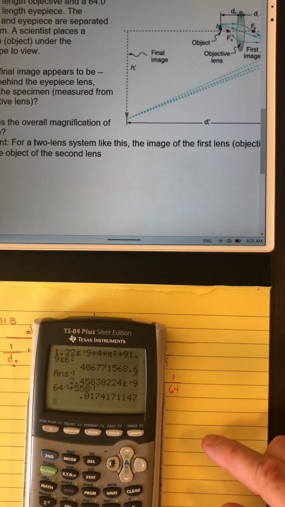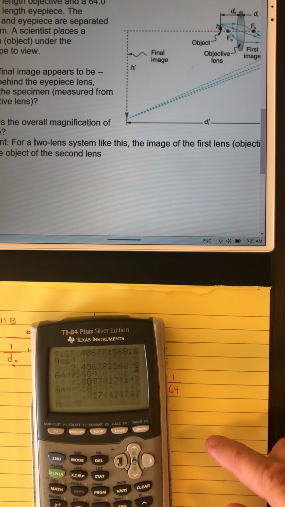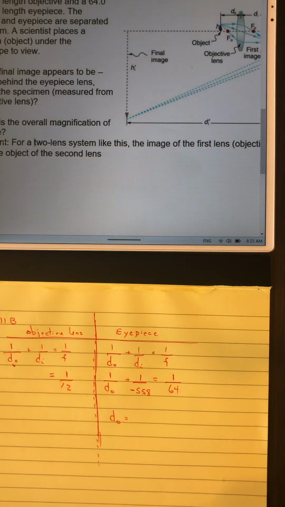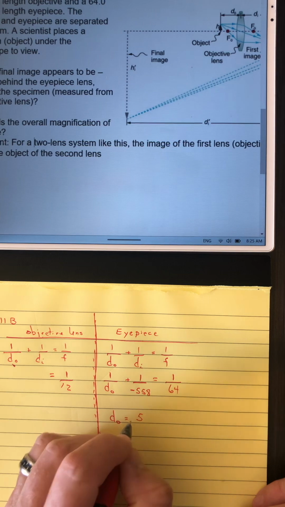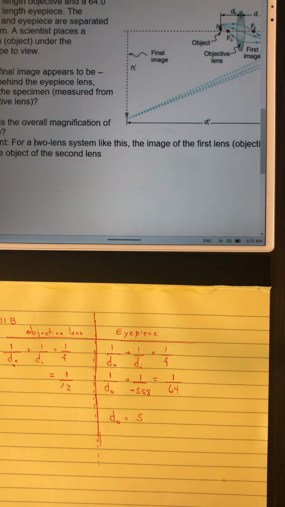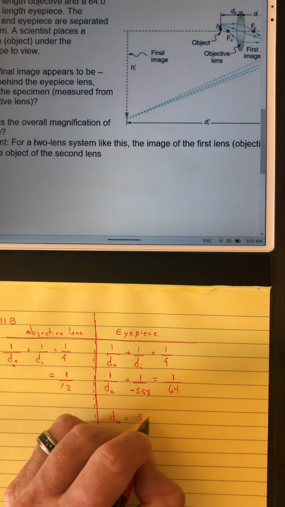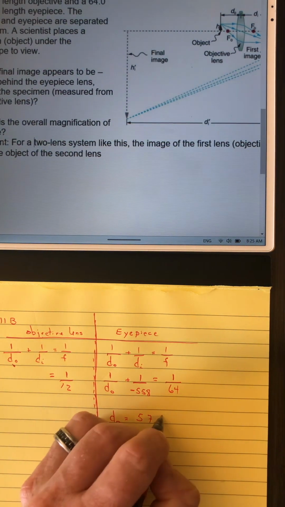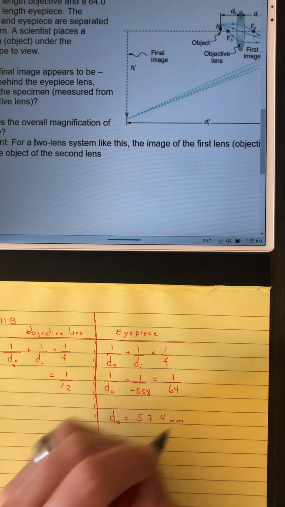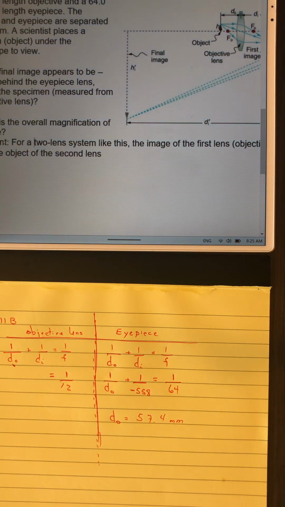And if I hit enter, and then the reciprocal of that, we have an object distance of 57.4, and let me just remind you, in millimeters. Maybe now I'm regretting doing everything in millimeters.